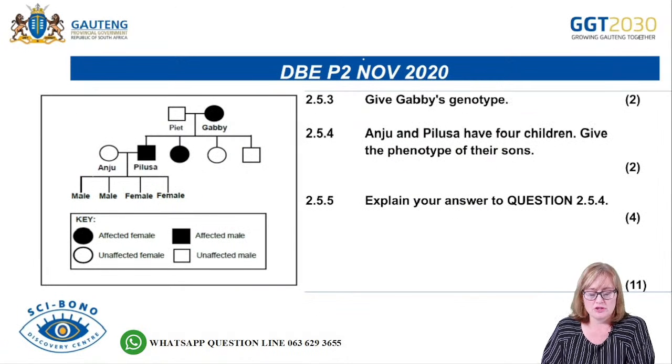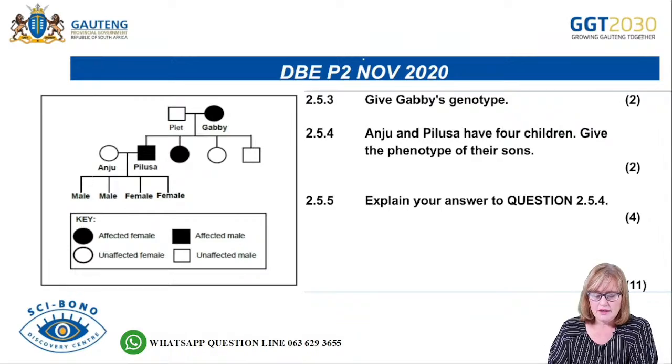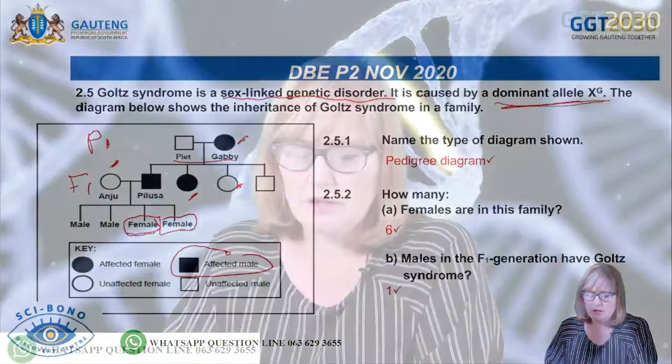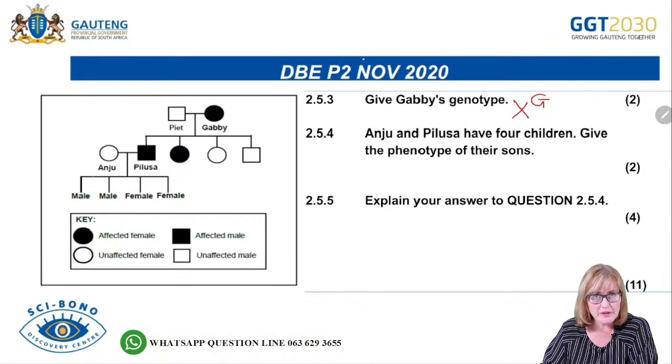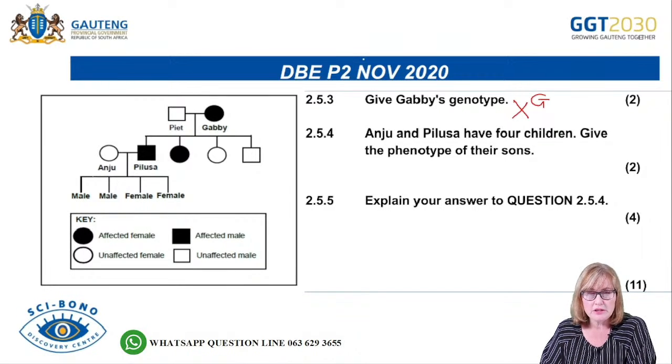Give Gabby's genotype. Now let's look at Gabby. Gabby is affected. Right. So we already know that she, okay, let me just quickly look. The key here is X, G. Yeah, but now we don't know, is she hetero or homozygous? But she's got the dominant allele, so it must be a big G. So now let's have a look at her children. That's the easiest way of looking at it, right?